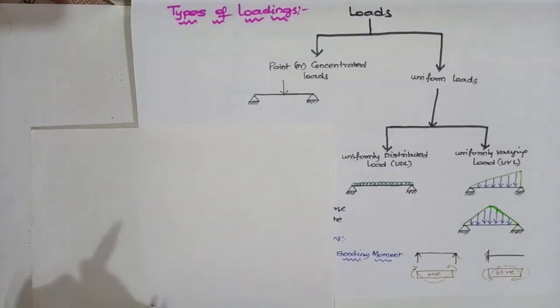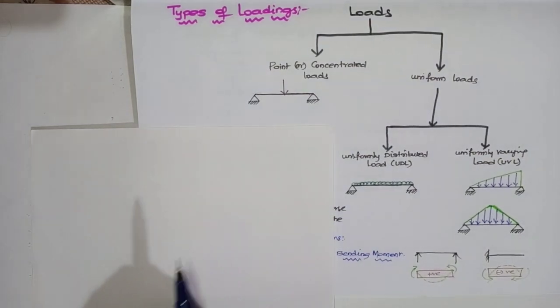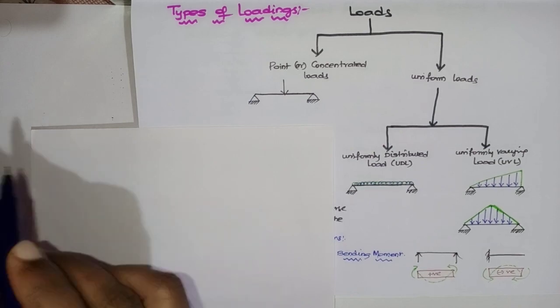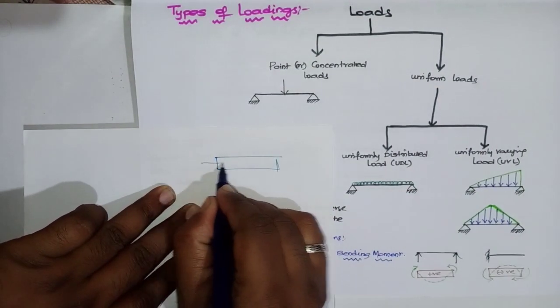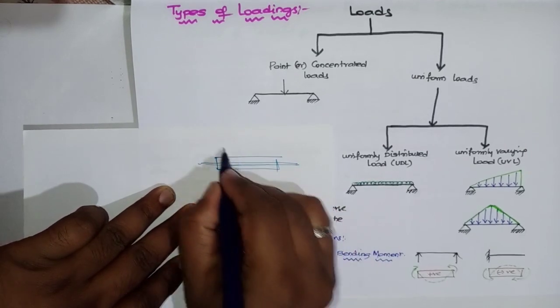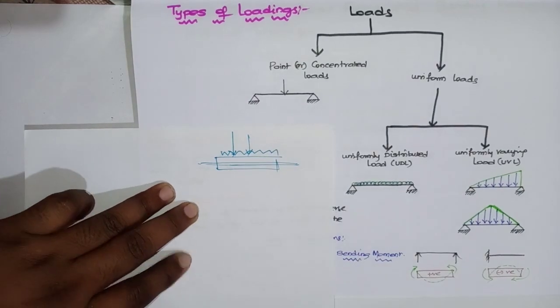So a beam will always be subjected to a transverse loading, means perpendicular to the longitudinal axis. Suppose your beam is like this, and this is your longitudinal axis, the beam will be subjected to these types of loadings.